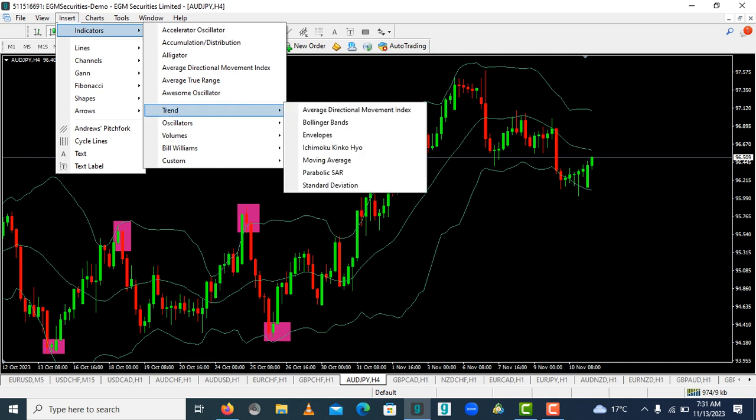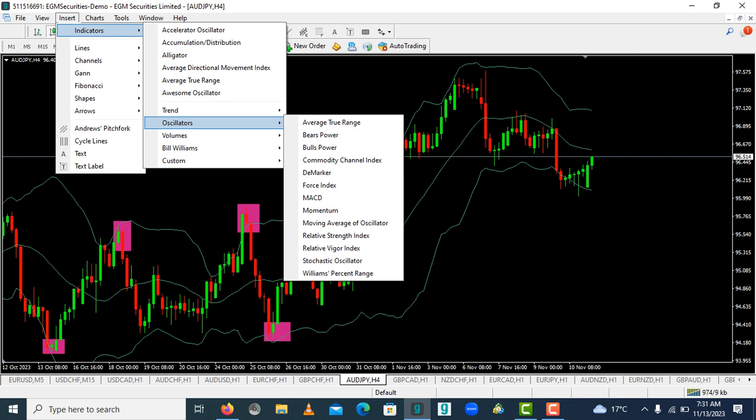There are those which show the trend, whether the trend is up or down. Those are trend indicators. There are others which we refer to as oscillators, and their work is to fine-tune the decision that you had made when you were looking at the trend indicator.